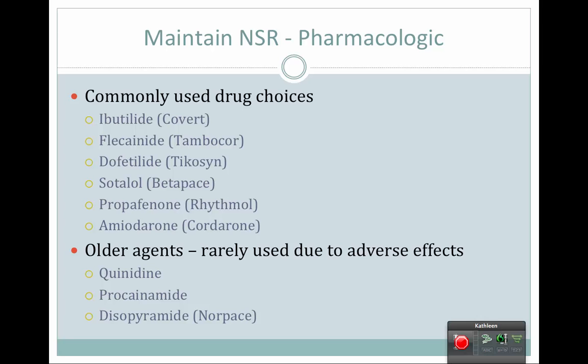So we want to maintain normal sinus rhythm with medications.